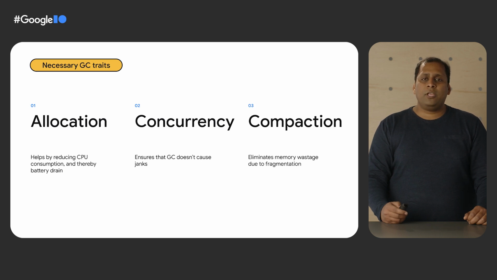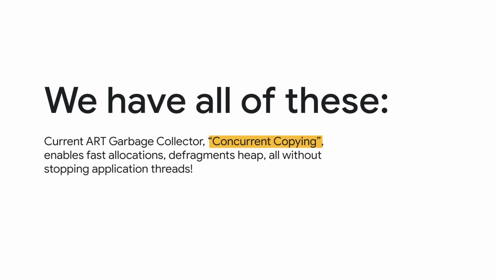Finally, to keep a check on memory wastage, we want the GC to compact the heap so that fragmentation is taken care of. All these traits already exist in ART's current garbage collector called concurrent copying. It supports fast bump pointer allocation and concurrently defragments the heap.